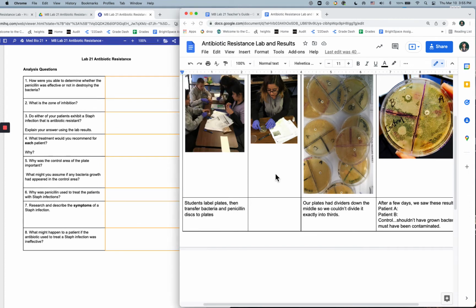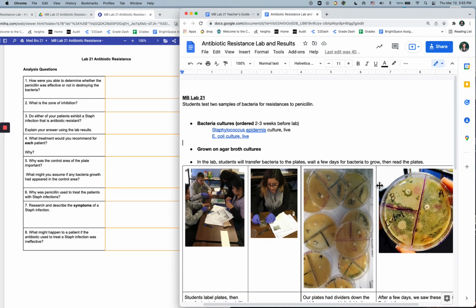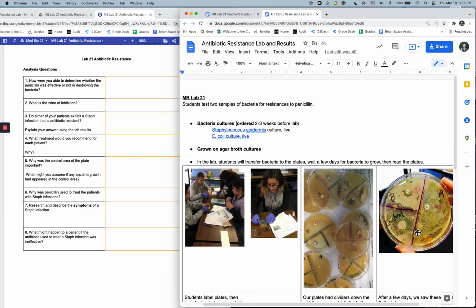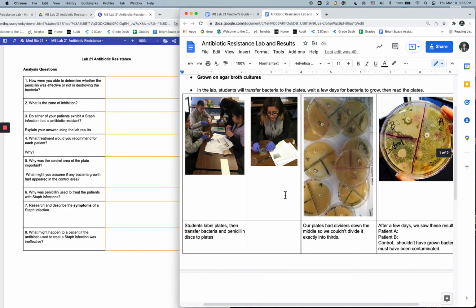All right, so I'm going to go ahead and include a link for these pictures if you want to look at them more clearly. These are the cultures that we put on there. Not that that's important for you. There's supposed to be 2 patients with staph infections.